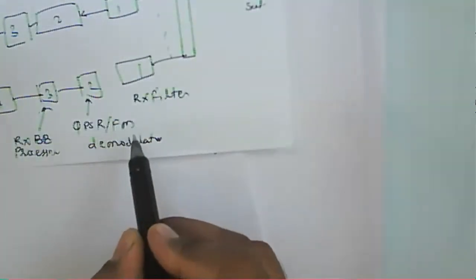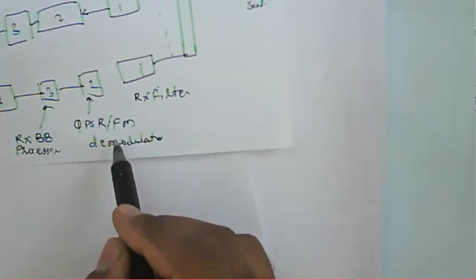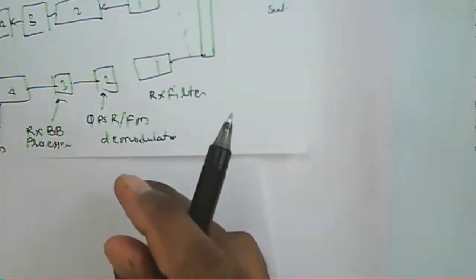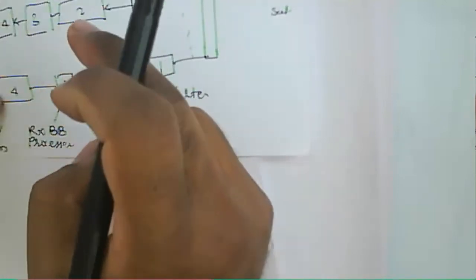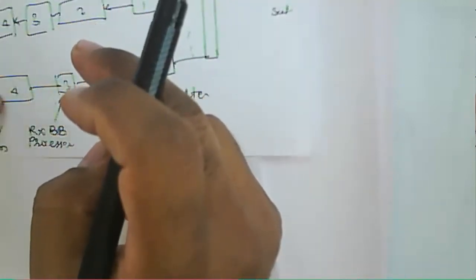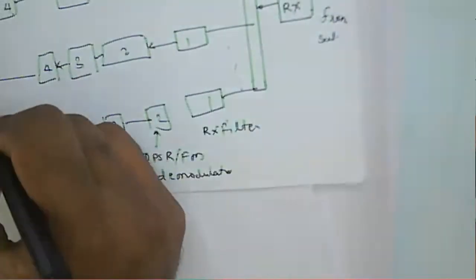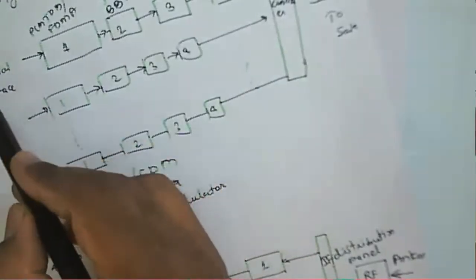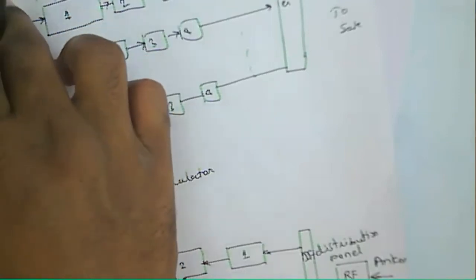But in the case of the receiver, it has an FM demodulator and a QPSK demodulator, which are used for the separation of the received signal, analog or digital. Now here you can consider the terrestrial interface, where multiple signals are transmitted and multiple users are there, which means it is a multiplex signal.